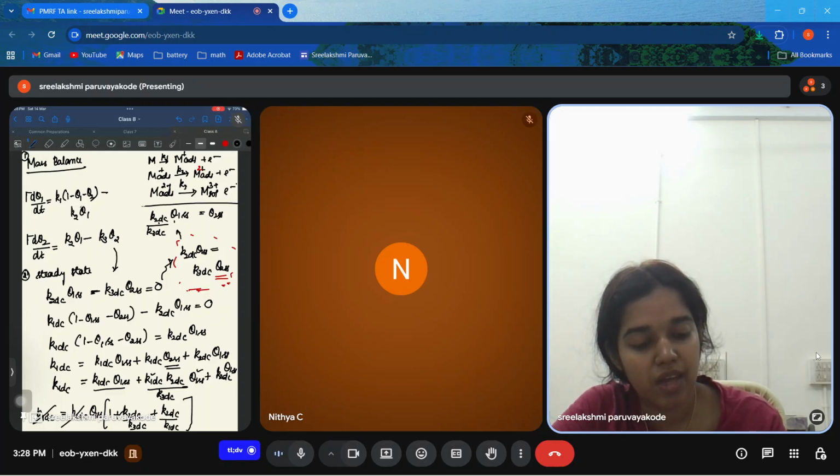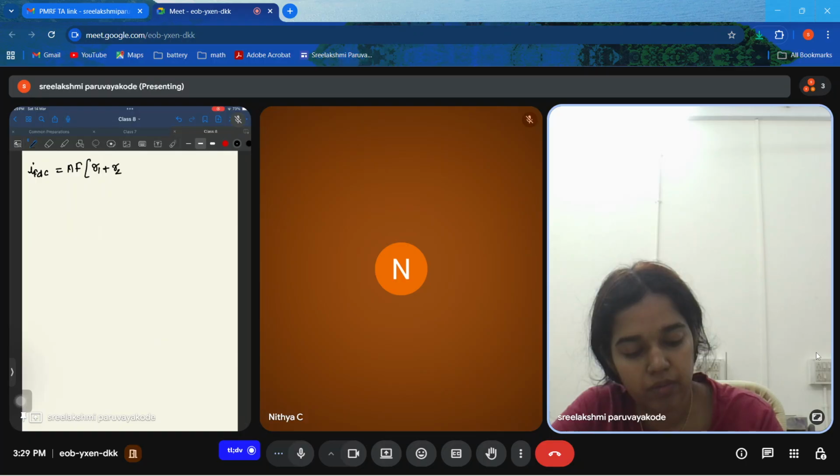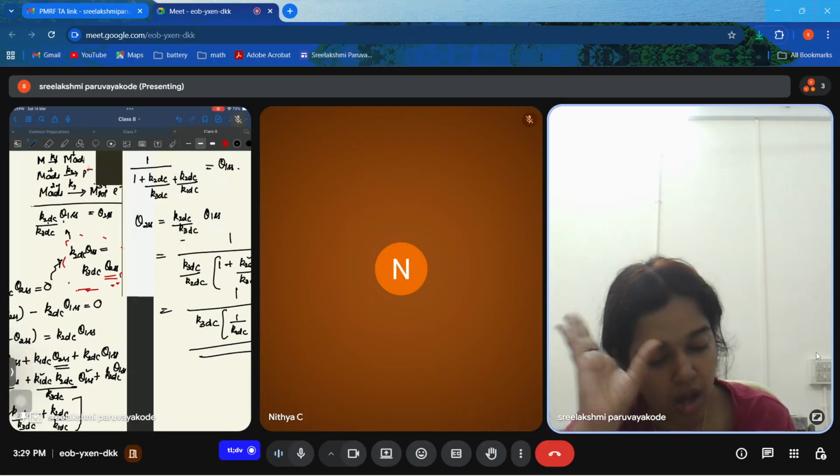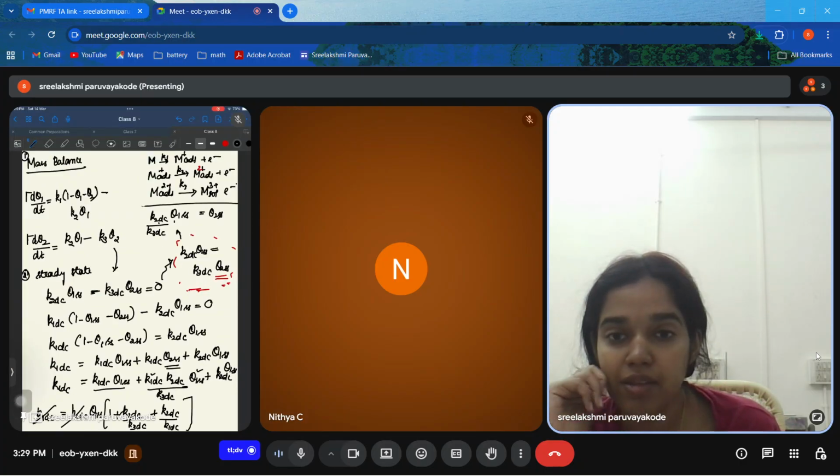So you'll simply say nF into (R1 plus R2 plus R3). Only if a backward reaction is there, we will be taking negative. The n value is 1, so you have 1 F into, what is R1? R1 is K1 into (1 minus theta 1 minus theta 2).